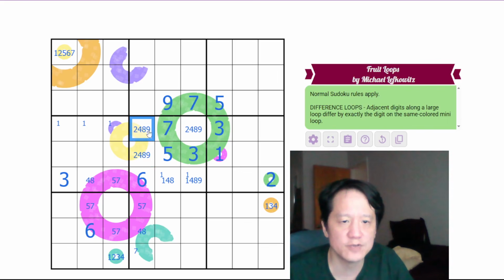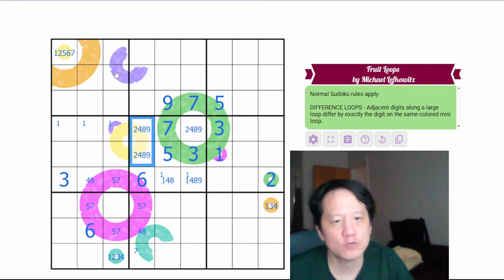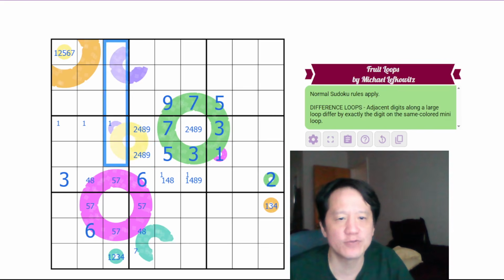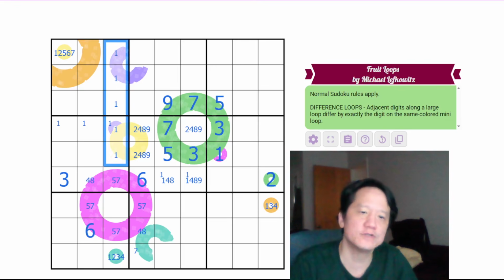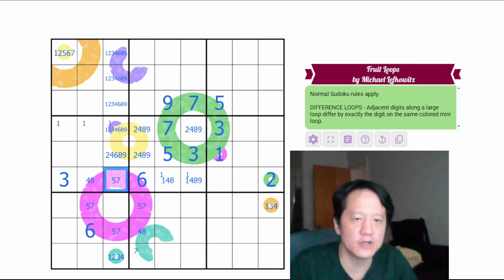It could be a difference of 2. Remaining digits of column 3 are 1, 2, 3, 4, 6, 8, 9. So no 1, 3 here, no 3 here.